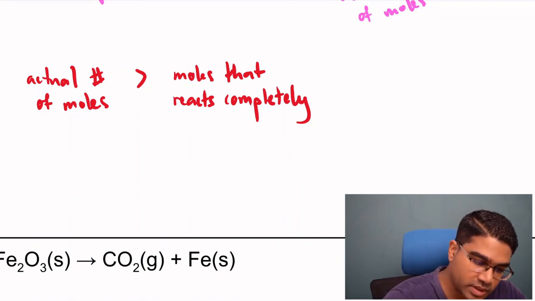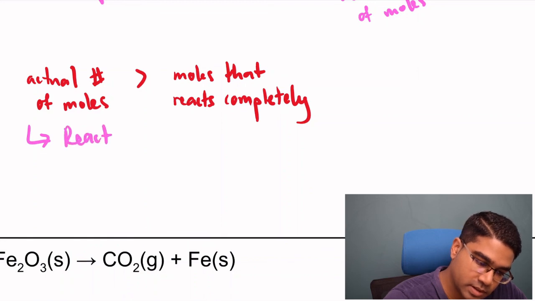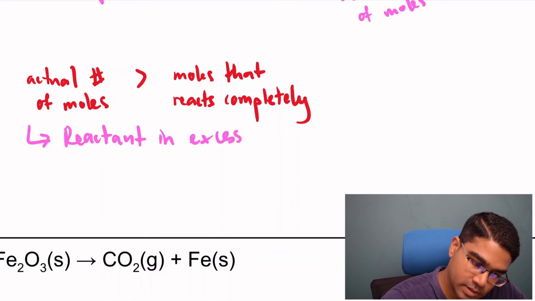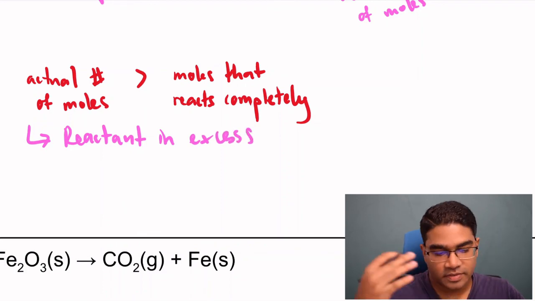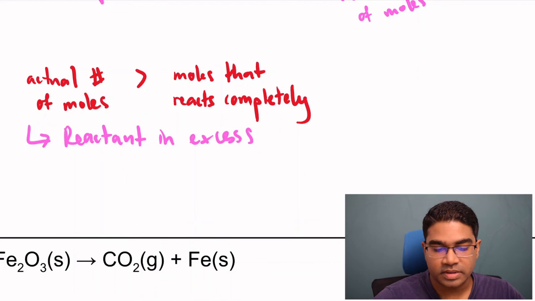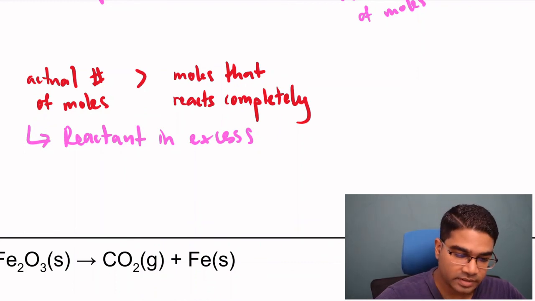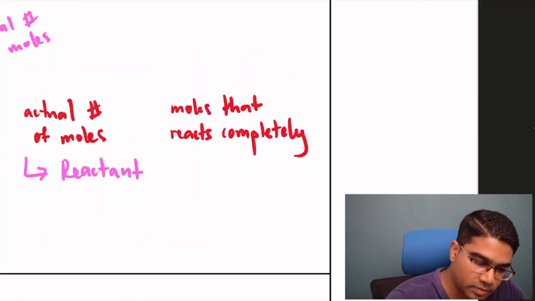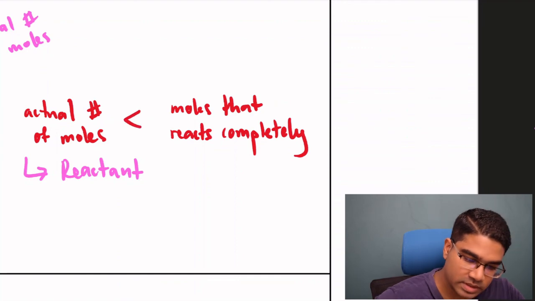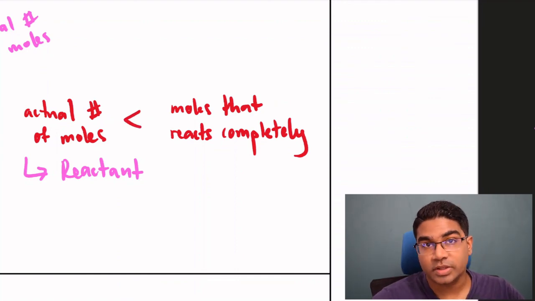So the conclusion here would be the reactant is in excess. There's more. Even after reacting completely, there will be some left. Let's say that it was the other way around. The actual number of moles is less than the moles that reacts completely.